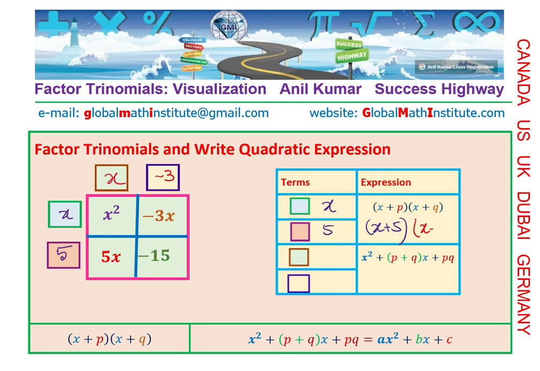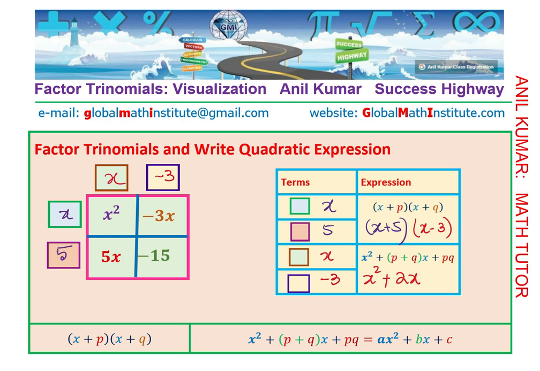So we'll multiply by x minus 3 as the second factor, and we can write here x and minus 3 as the terms. Now when you multiply them, we just add the areas and we see minus 3 plus 5 is plus 2. So that gives us plus 2x, and the last term being minus 15. Makes sense? See, we have written the whole expression as a quadratic equation in both factored form and standard form, right? That is the beauty of it.